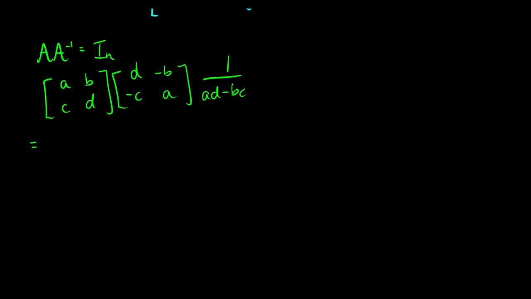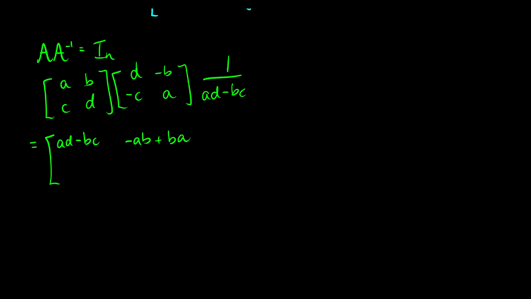Okay, so let's do some matrix multiplication here. So this can get pretty long, so we're going to try to fit this into this video though. So the first entry is going to be ad minus bc. The second entry is going to be negative ab plus ba.